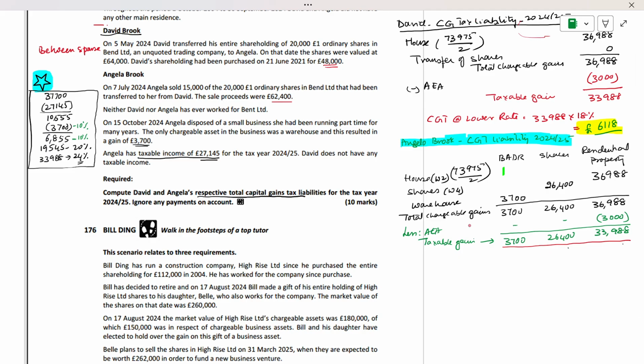Next, coming to the things. Now you understand how you have to calculate the tax, okay? How you have to calculate that.